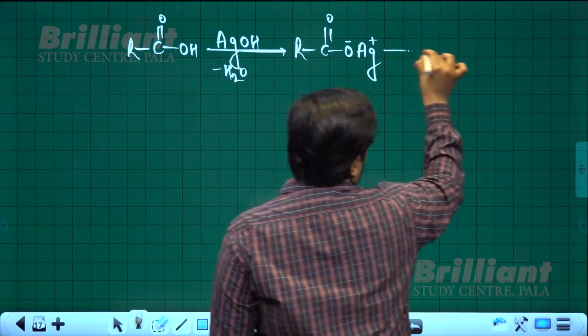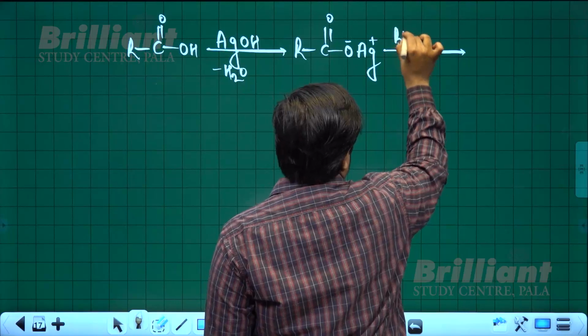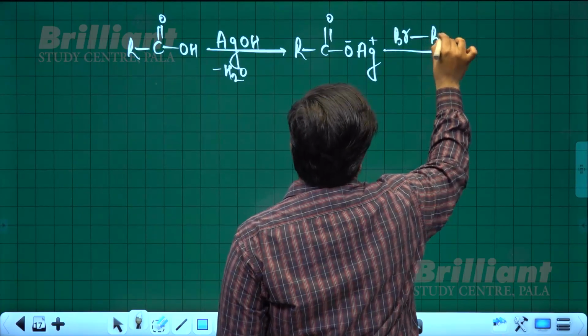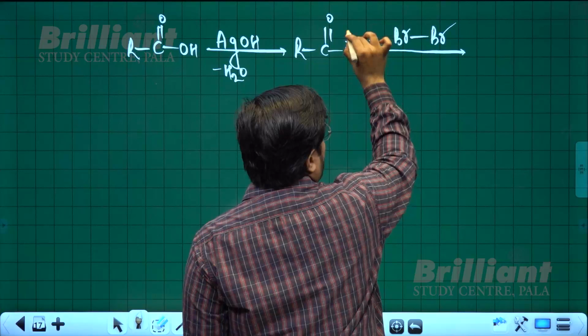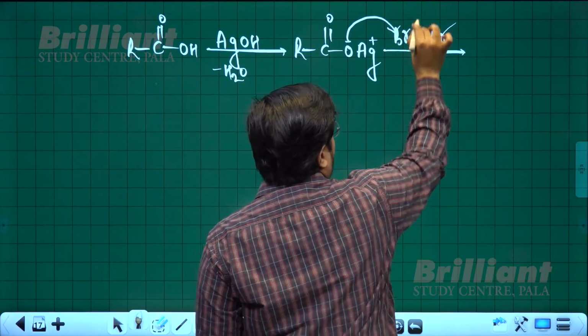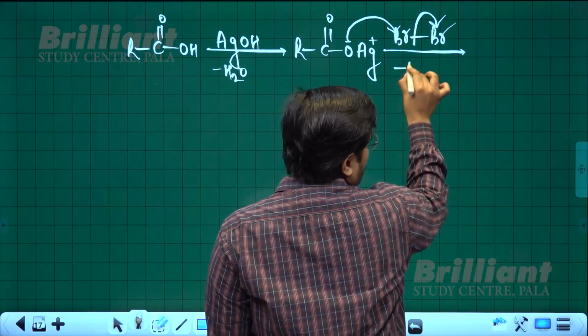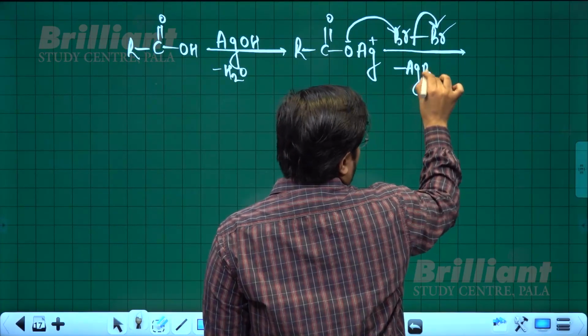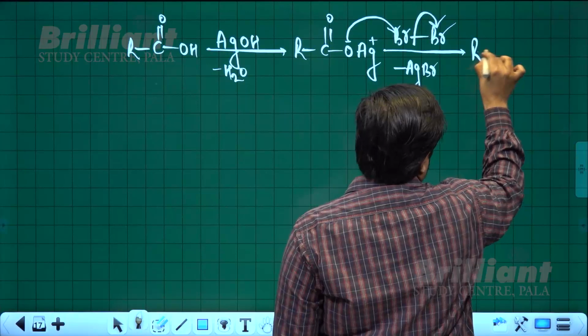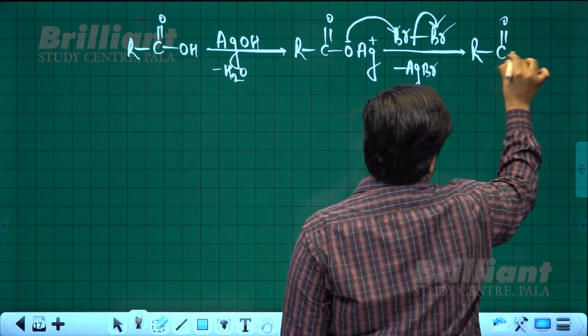Here this carboxylate salt can react with, let's say I am taking halogen as bromine. So this minus will attack this Br, breaking the Br-Br bond. So this Ag plus can go with that Br minus. So this will be AgBr, and you will have RC double bond O Br.